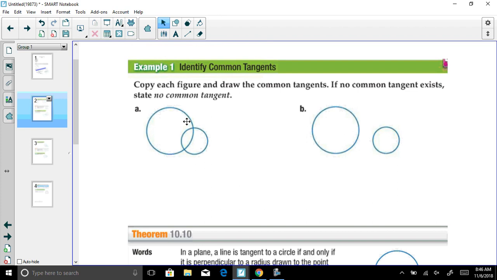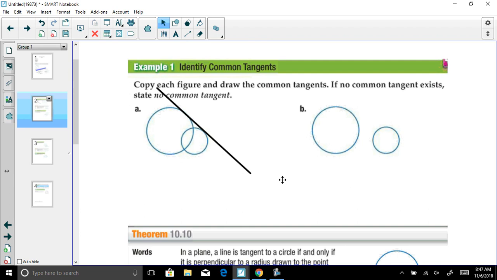On these next couple of examples, they want you to find some common tangents with both of these. If no common tangents exist, state no common tangents. So this one you should be able to identify a couple on that first one, and then maybe 4 on the next one. So we're looking at A and B. If we look at A first, a good common tangent here, adjust a little bit. And we want it to touch both circles at a singular point, so getting closer. There.